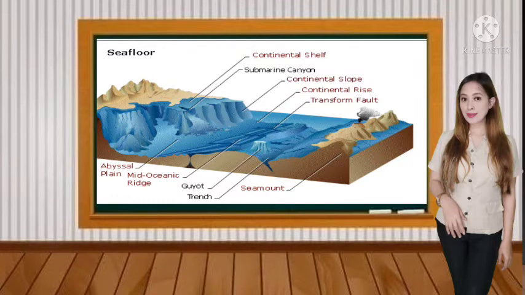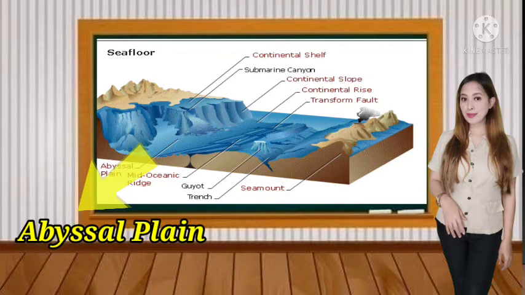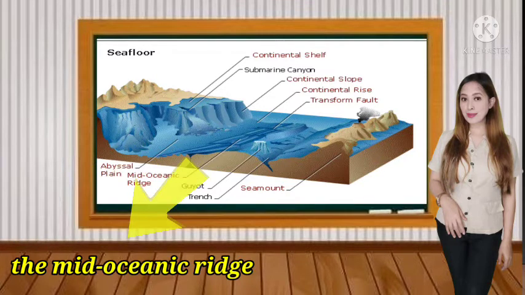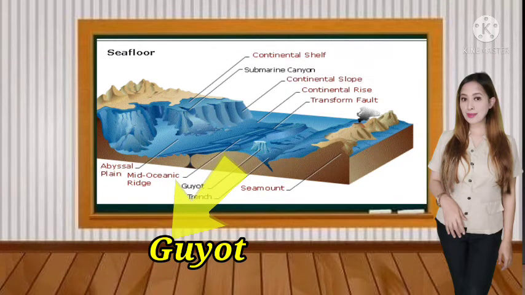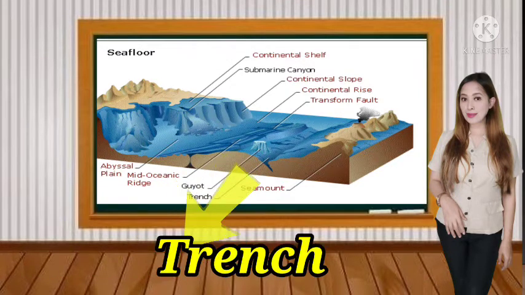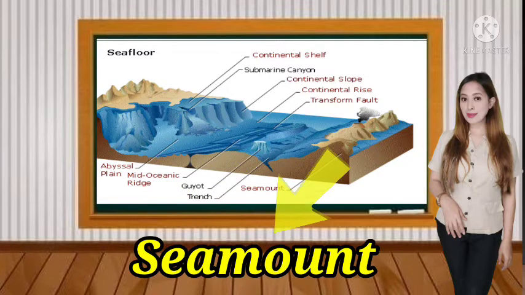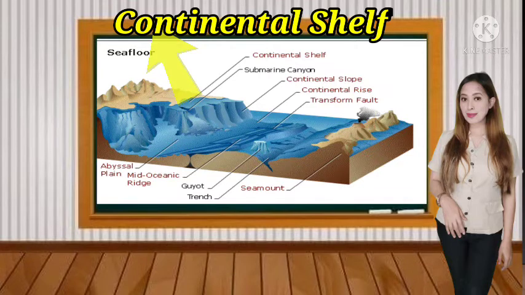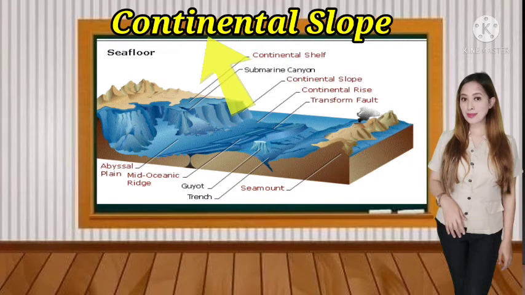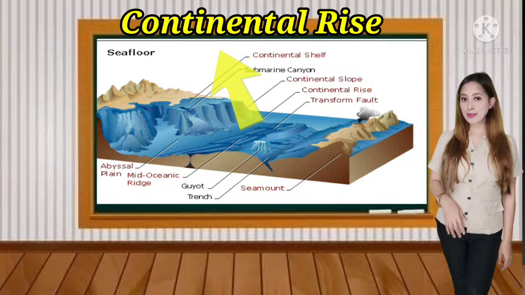So, we have here the abyssal plain, next the mid-oceanic ridge, then we have the guyot, and we have the trench, the seamount, and we have the continental shelf, the continental slope, and the continental rise, and of course some transform fault.